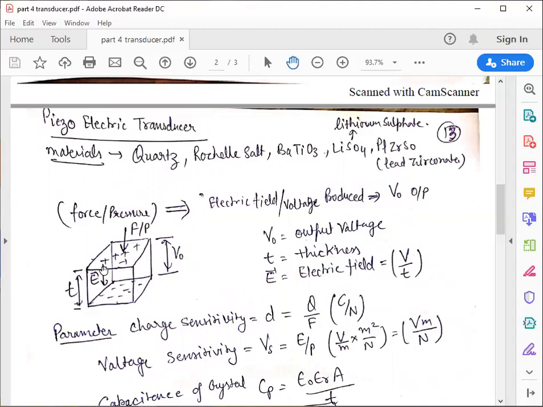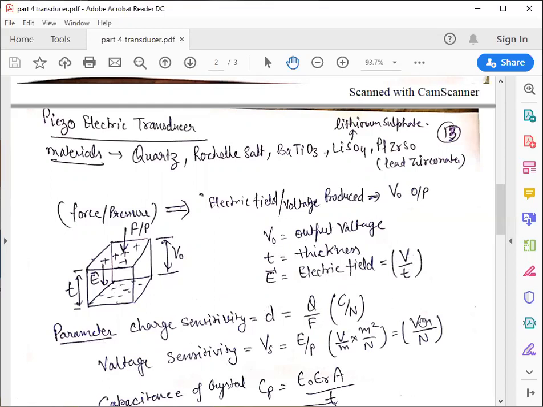As a result, an electric field is generated from positive charge to negative charge. So V naught is the output voltage, T is the thickness of the material, and E is the electric field, which is equal to V by T. T is the distance between these two surfaces, and the electric field is between these two surfaces. So E is equal to V by T.